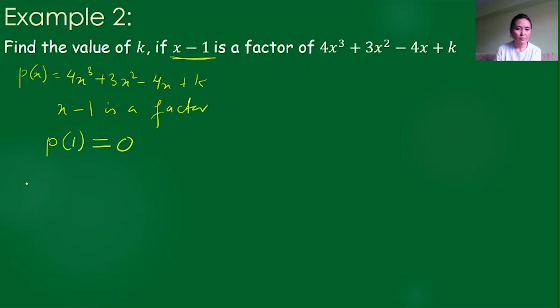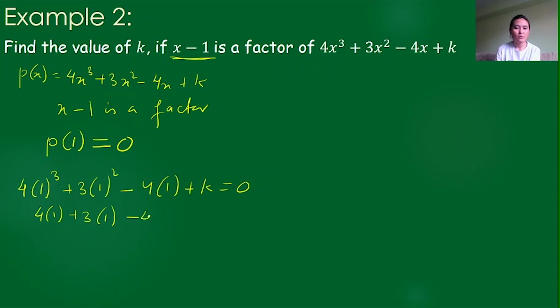So we'll write 4 times, instead of x we'll write 1 cube plus 3 times 1 square minus 4 into 1 plus k equals 0. So 4 times 1 cube is 4, plus 3 times 1 square is 3, minus 4 into 1 is 4, plus k, which is equal to 0.